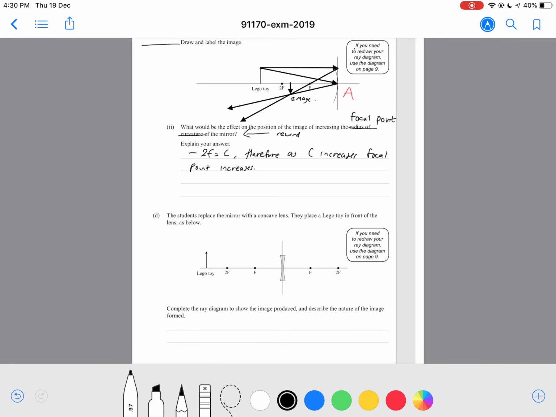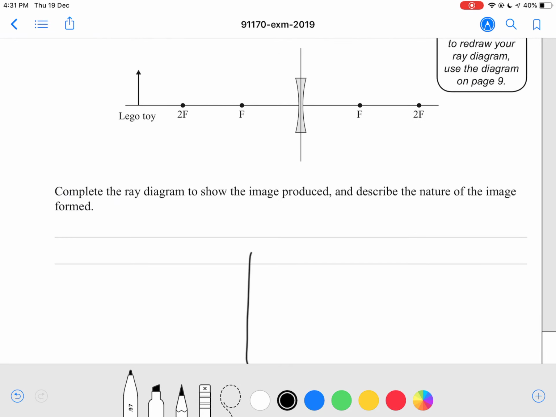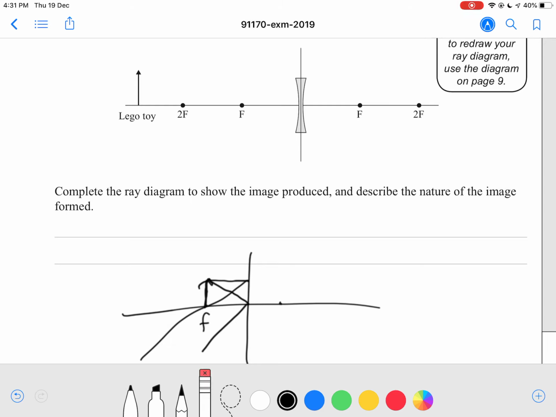So if I just draw a quick sketch, let's say we have our object here, and let's say this is also our focal point. Oops, oh gosh.